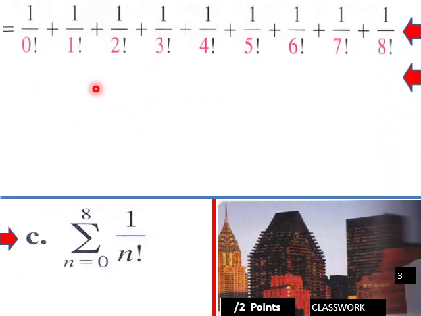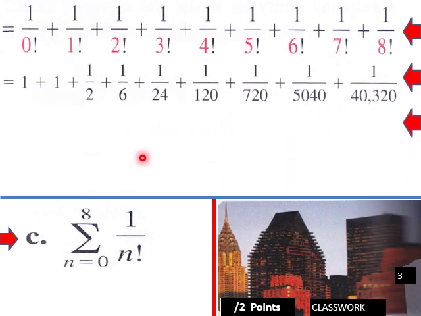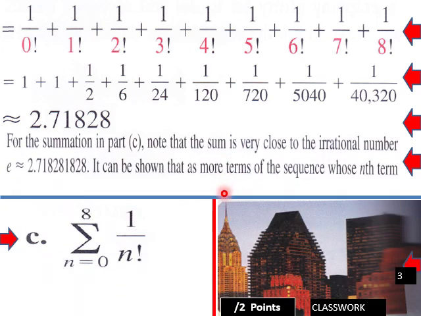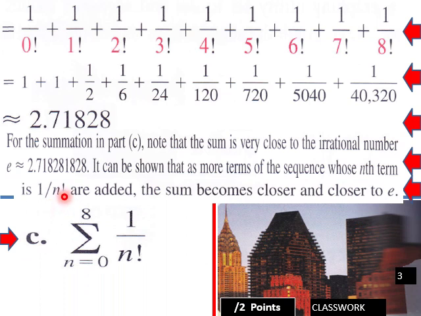When we sum all these together, we end up with 2.71828, which, by the way, is very close to the irrational number e, which equals 2.718281828. It can be shown that as more terms of the sequence whose nth term is 1 over n factorial are added, the sum becomes closer and closer to e.